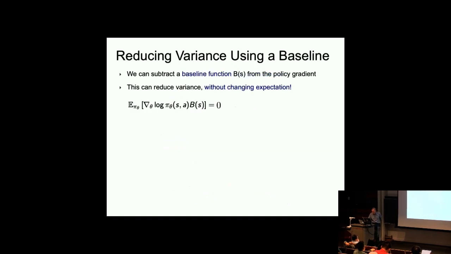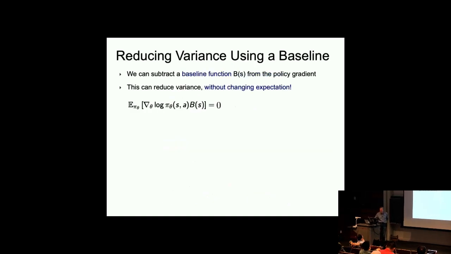Okay, this is all review. And we've also talked about reducing the variance in estimating these things, for example, by noticing that we could add in a baseline to our quantity without really changing the gradient.